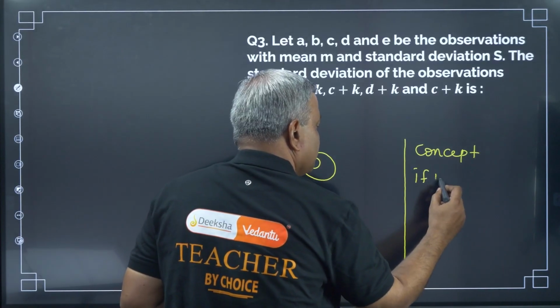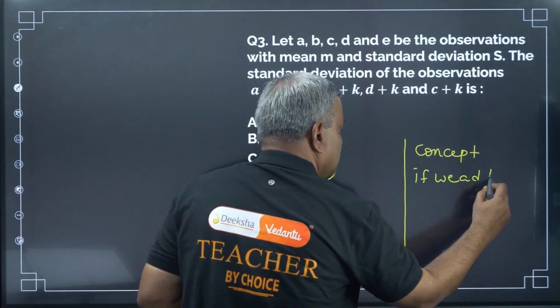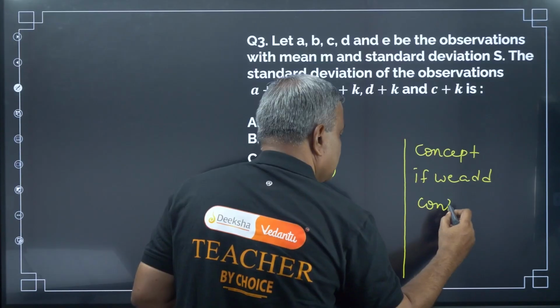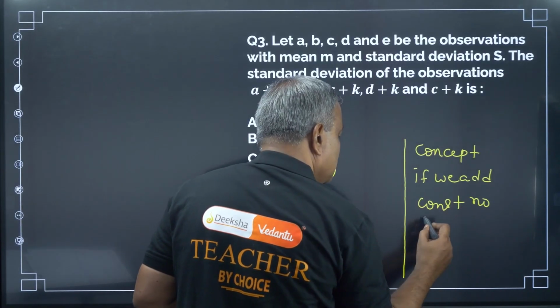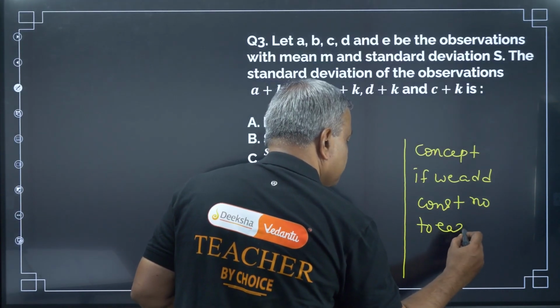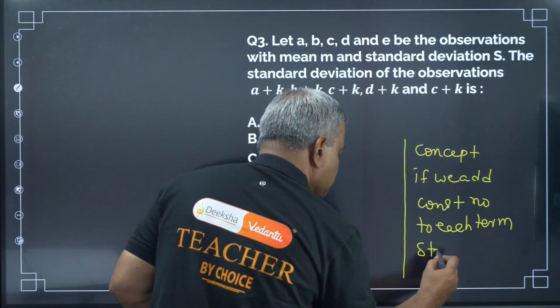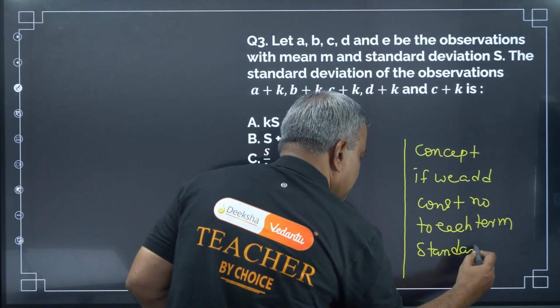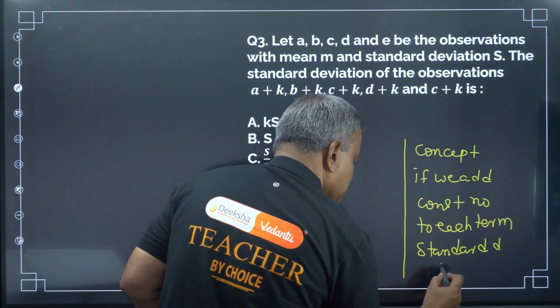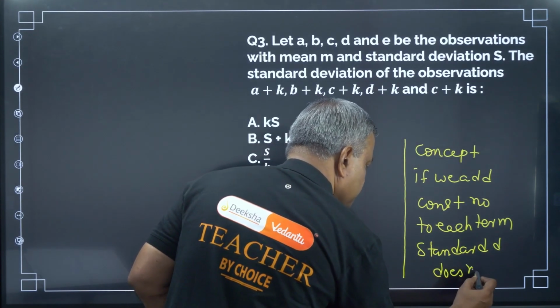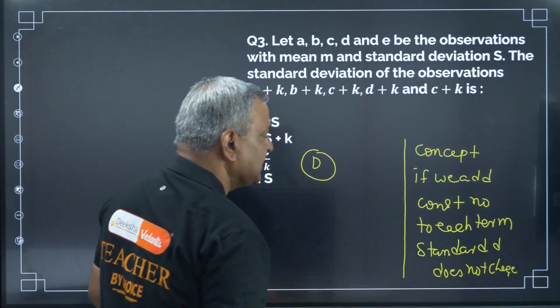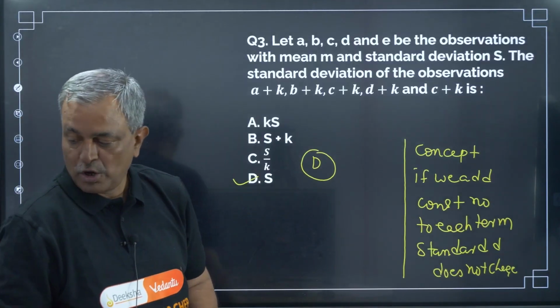If we add a constant number to each term, the standard deviation does not change. So it takes hardly 5 seconds to take option D.